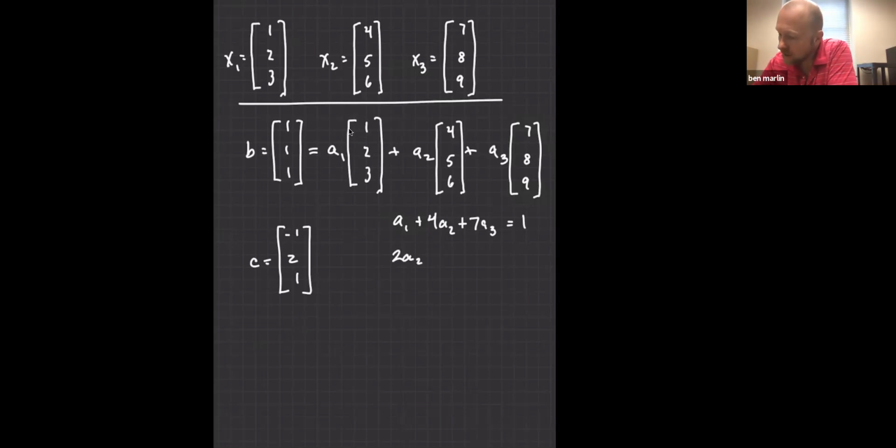A1 plus 5A2 plus 8A3 equals 1. And what's the last one? 3A1 plus 6A2 plus 8A3 equal to 1. So that would be like a system of equations.